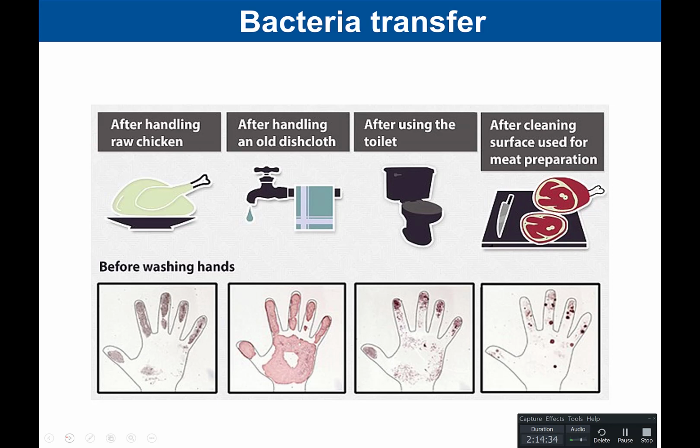The other thing to think about in terms of using the toilet, this is something that I always like to get students to think about, is let's say you have a bathroom, and your toilet is right next to your sink. And you store your toothbrush in one of those holders on the counter of the sink.